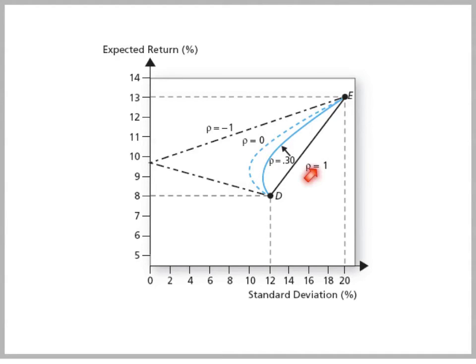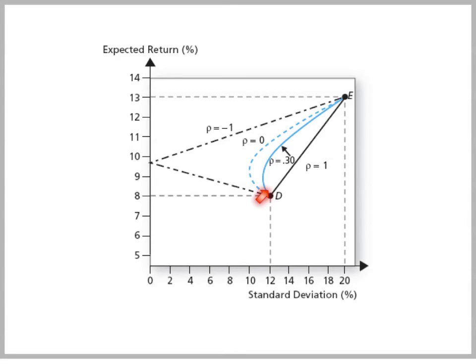Now it turns out that when rho is not equal to 1, this relationship is not linear. If you were to map out a whole sequence of values of omega, starting with very small omegas close to 0, and then rising up to 1, you'll find the standard deviations and the expected returns of the portfolio.